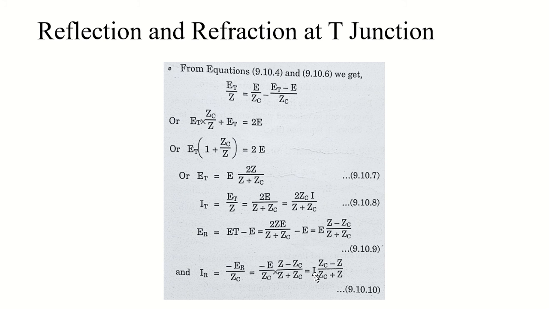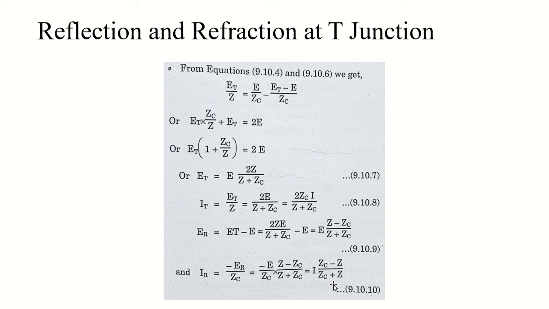So minus minus will get cancelled and we will be left with I into ZC minus Z divided by ZC plus Z. And that would be the value of your IR in terms of I. So this is how you will derive the values for all transmitted, incident and reflected waves.